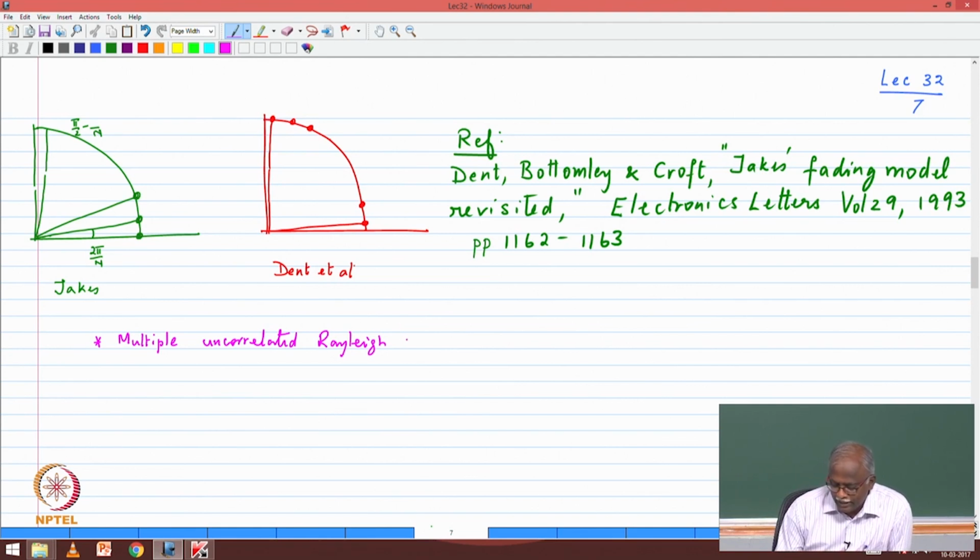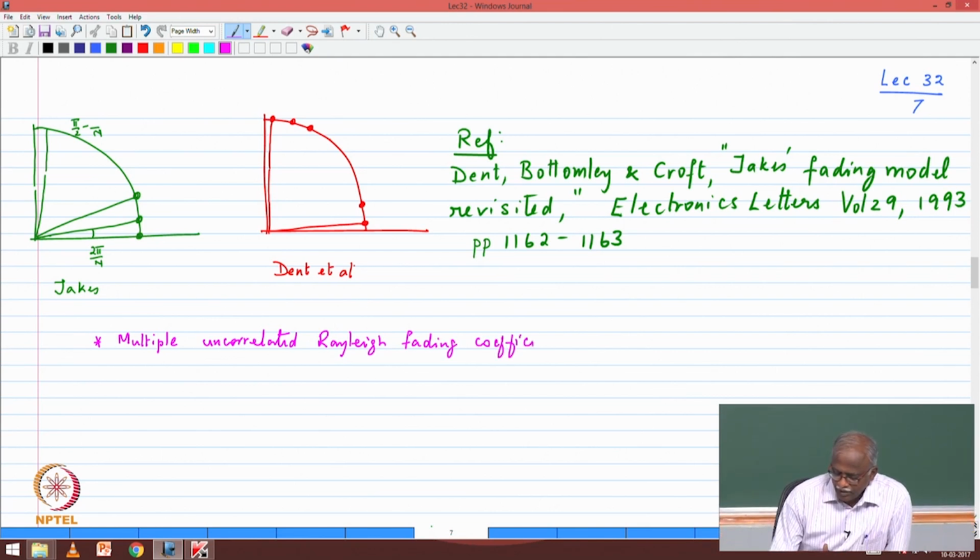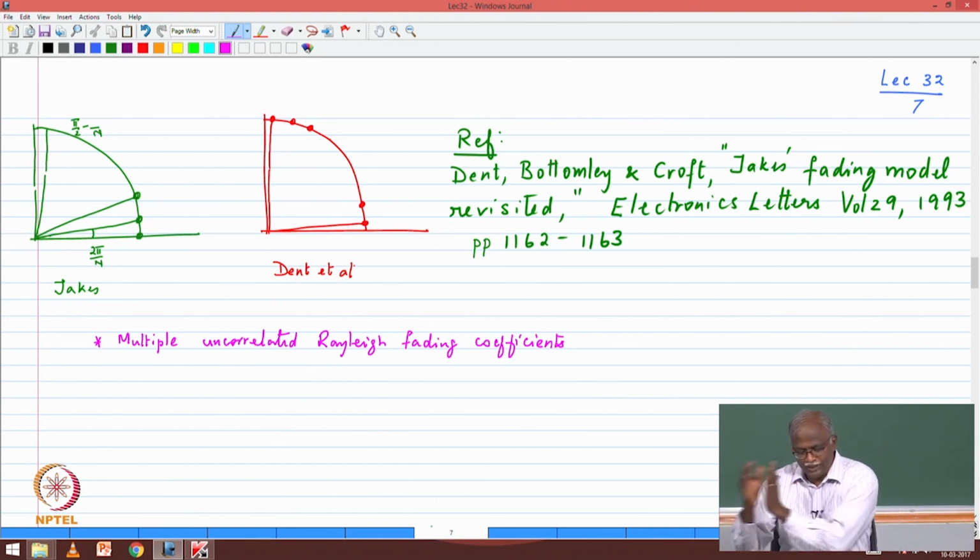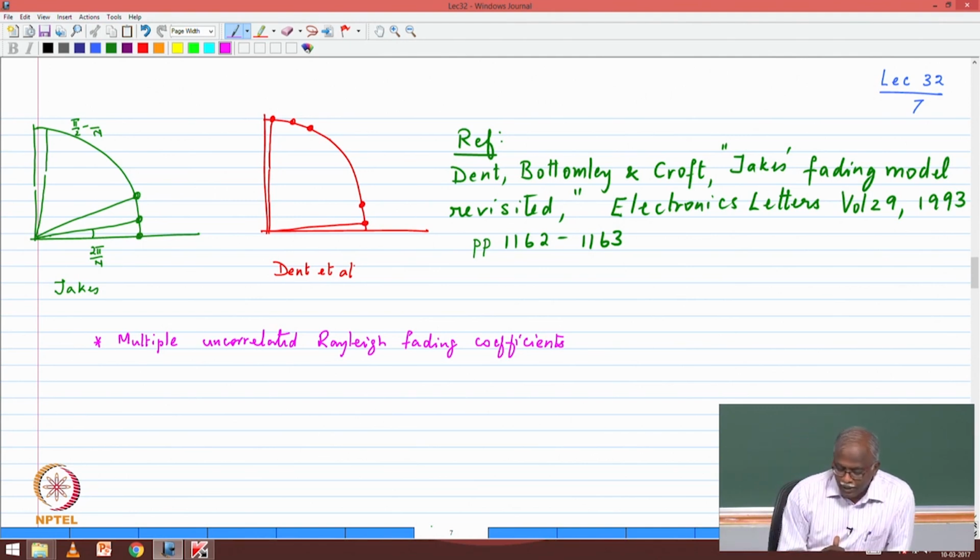The waveform is what is actually happening. Coefficients are what you get when you observe it at an instant of time, a sample of the fading waveform. So this is the goal, that you want to generate multiple uncorrelated ones. The Jakes model gives you a way to do that, using the randomization of the thetas.